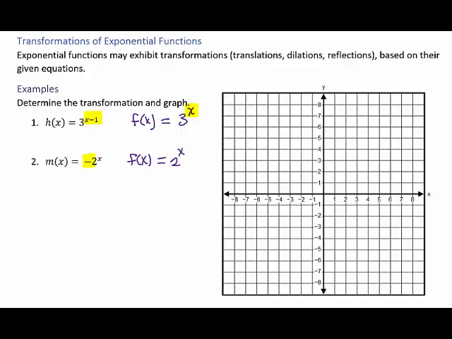If the y values change signs, this is a reflection across the x-axis. So you can imagine graphing the function y equals 2 to the x, and then reflecting that over the x-axis. Now we have a point 0, -1 on the graph, and 1, -2. And m of x looks something like this.